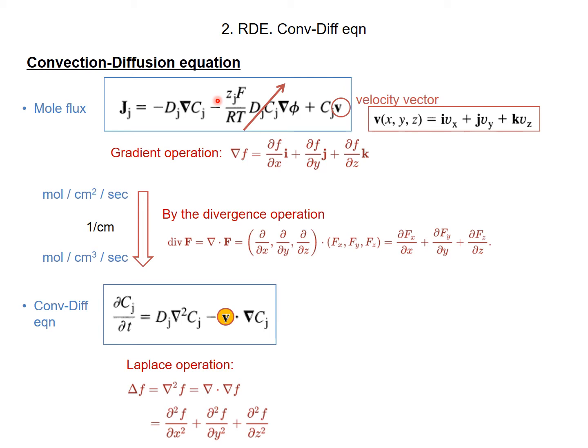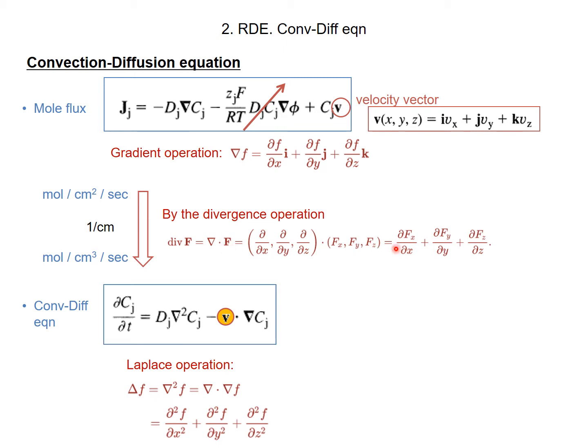Let me take the divergence of both sides. By the divergence operation, finally we have converted the mole flux equation into the final governing equation, which is called the convection diffusion equation. Let me check what the divergence operation is. The divergence of the vector function f is equal to the inner product between the gradient operator and the vector function f.